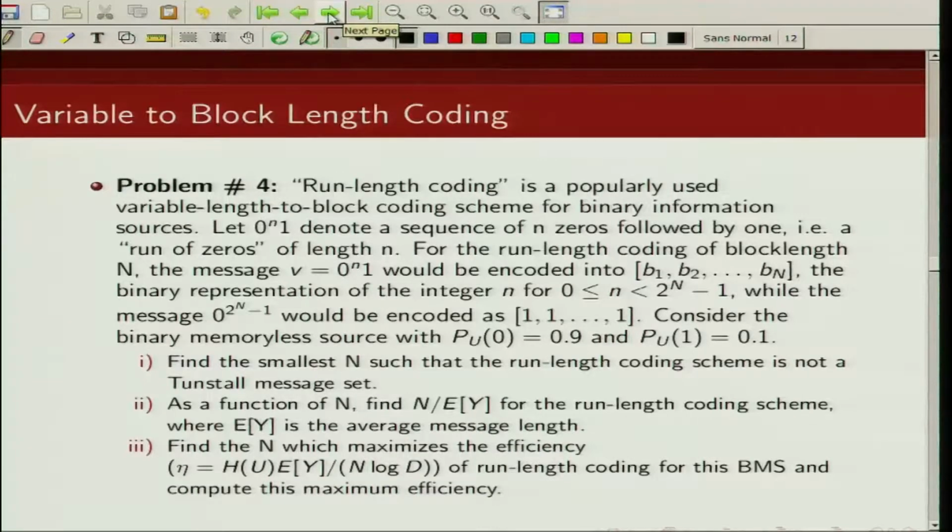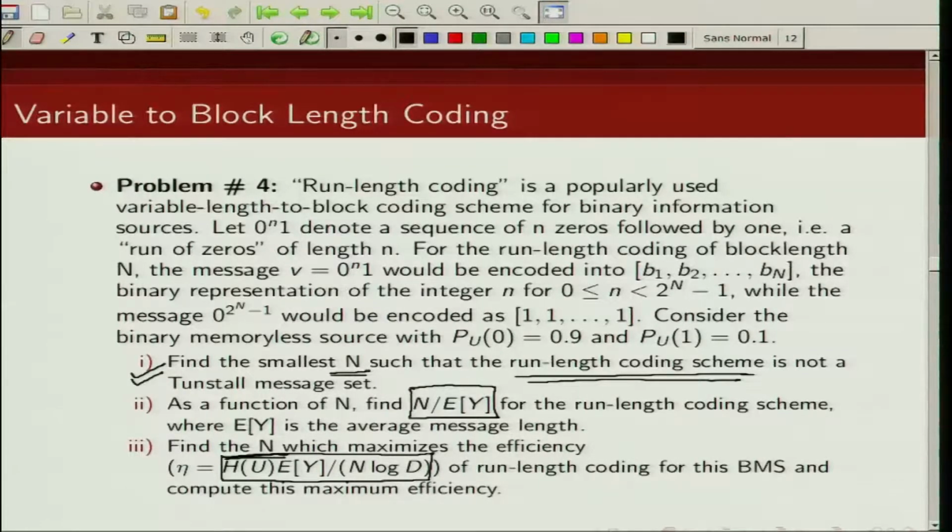And the third part is to find a value of n which will maximize this efficiency. In other words, find a value of n which will minimize this ratio. Okay. So the first part is to find the smallest n such that the run length coding scheme is not a Tunstall message set.